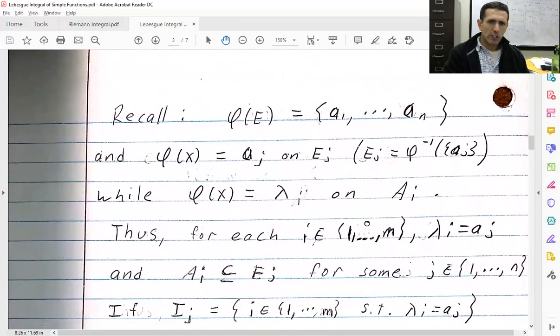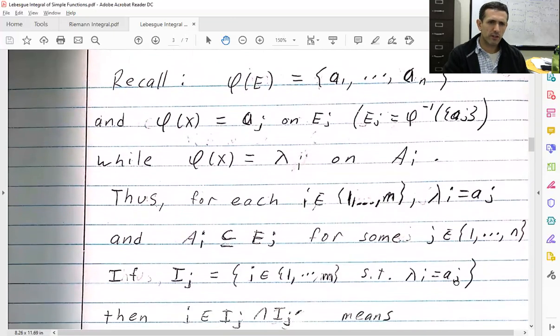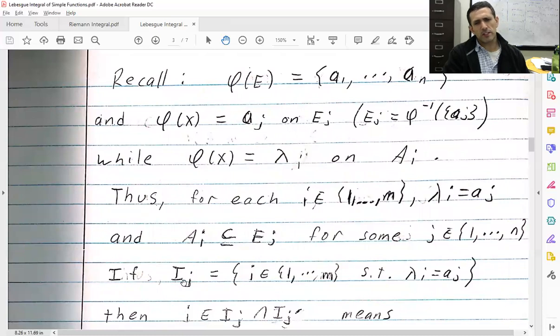So let's define I_j to be the set of all i from 1 to m where λ_i is equal to a_j. I claim that these sets are pairwise disjoint. That's fairly obvious because we're assuming that little a_1 through a_n are distinct. We're writing the image of E under φ as this finite set of distinct numbers.